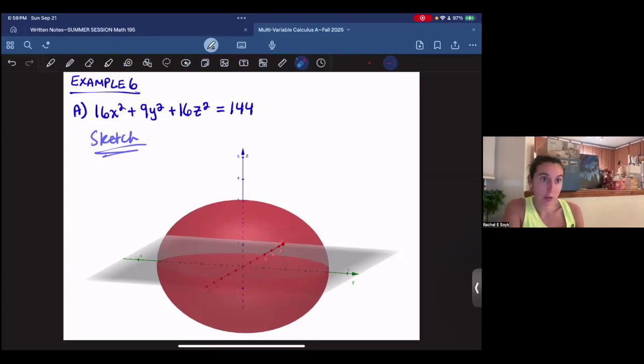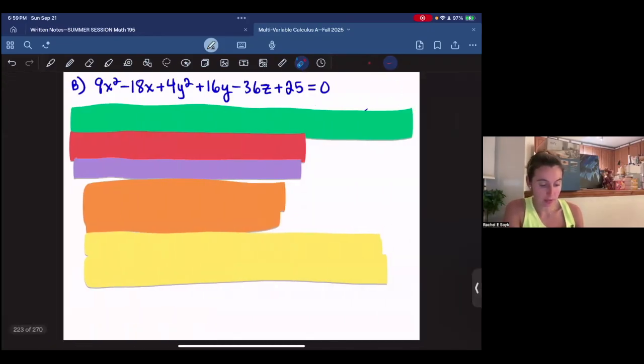Okay, so now let's look at part B, where we're given 9x squared minus 18x plus 4y squared plus 16y minus 36z plus 25 is equal to 0. And we want to figure out, okay, what quadric surface are we talking about here?